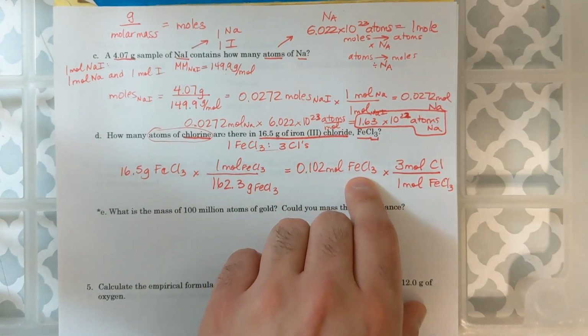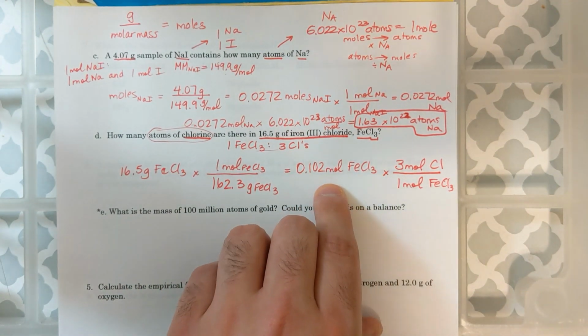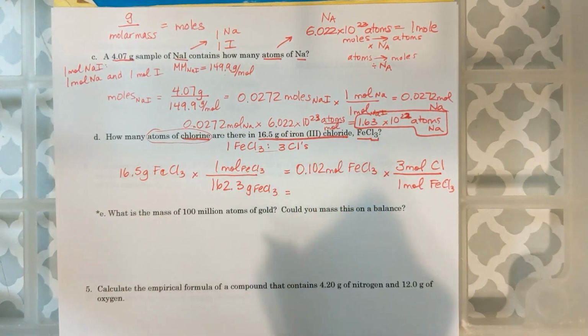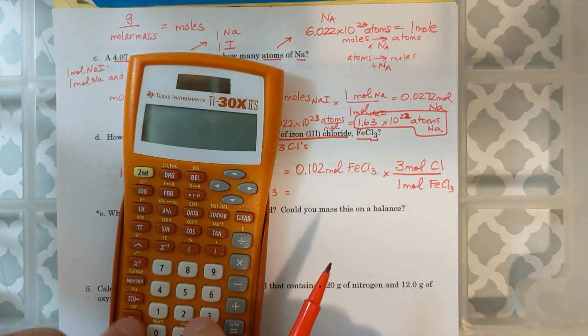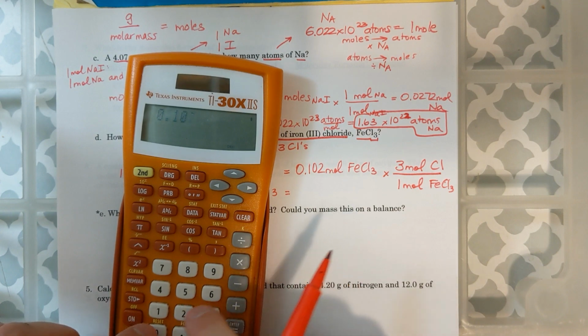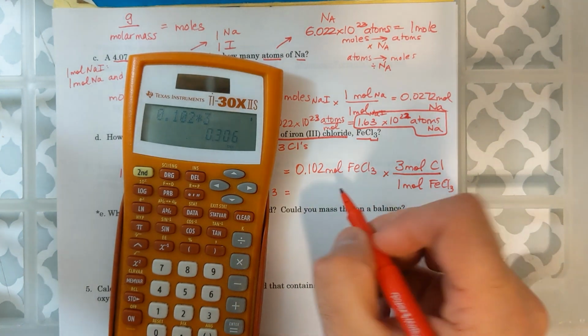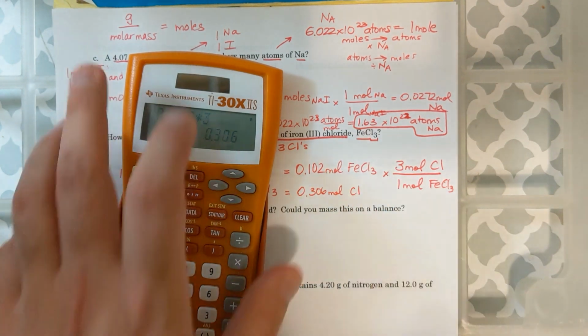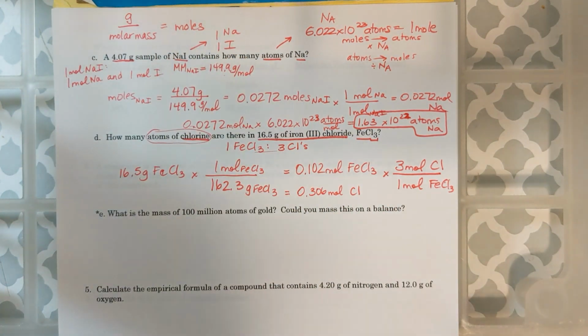Since there's 3 times the amount of chlorine in this formula, there's going to be 3 times the amount of moles. So if I do that, I get 0.102 times 3, which is 0.306 moles of Cl, because there's 3 times the amount.